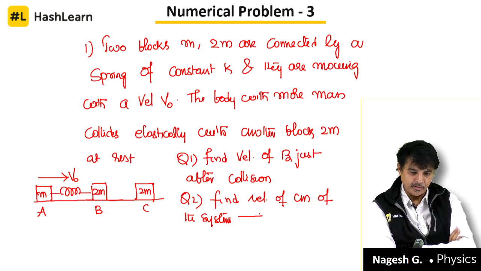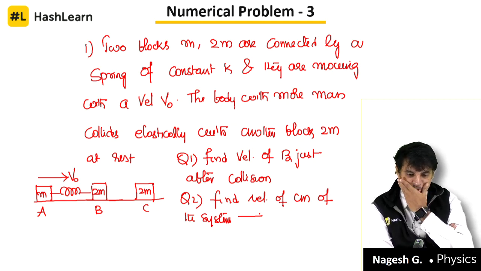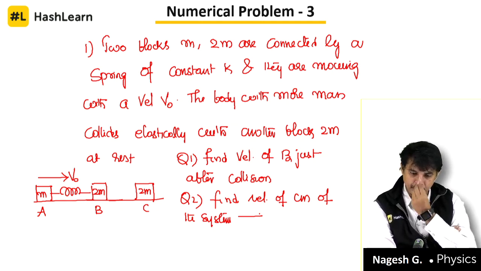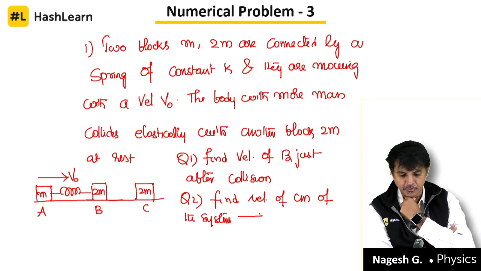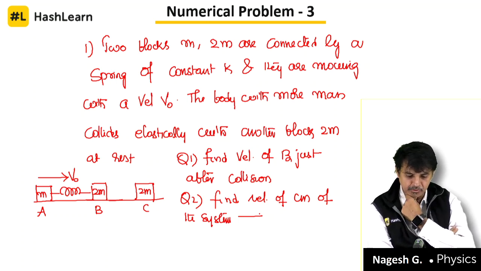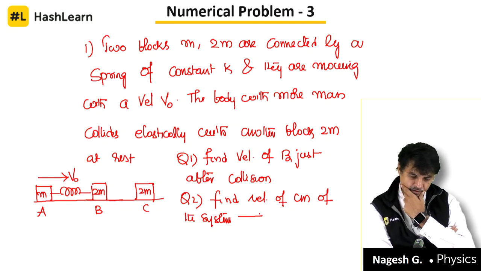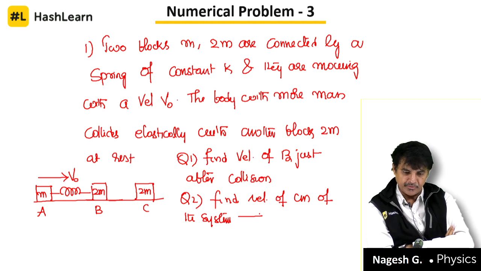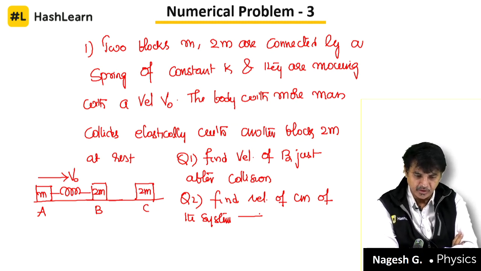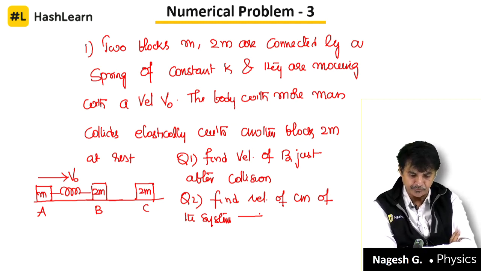Mansi, Radhika, Vishnuvardhan Reddy garu. Still other players, what are you all doing? I want the velocity of B just after collision, and find the velocity of the center of mass. Radhika declared her answer as 0 for question 1.